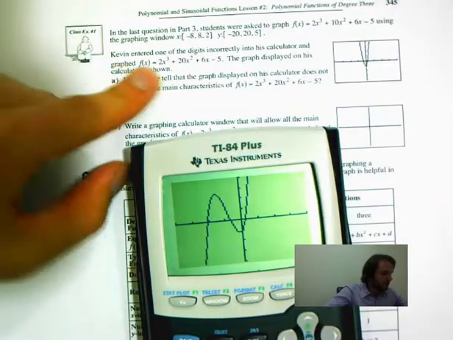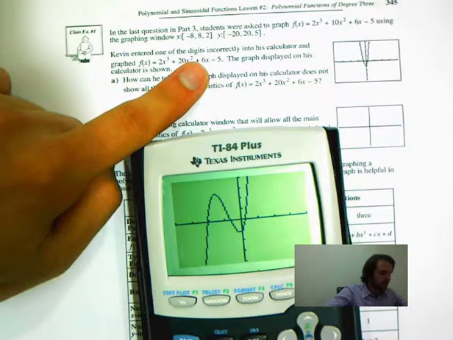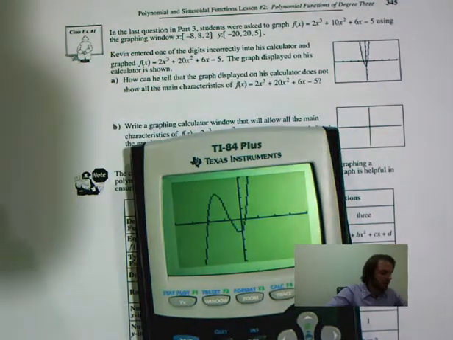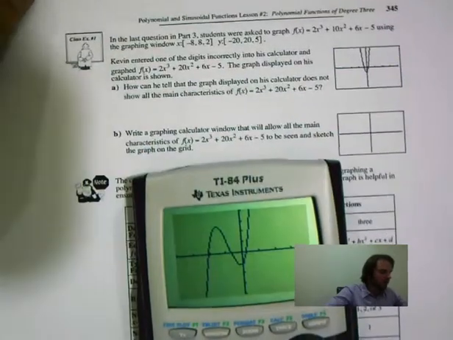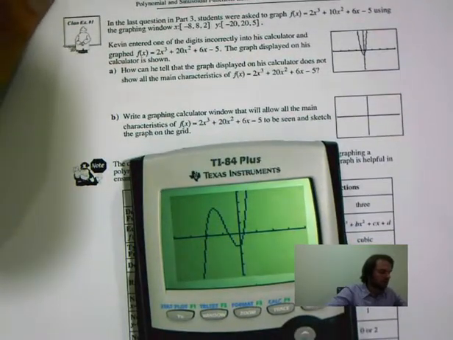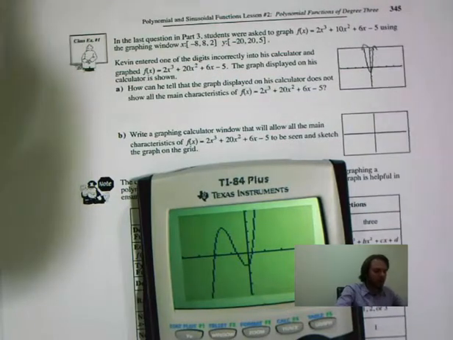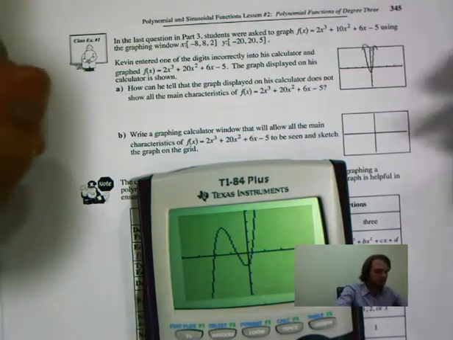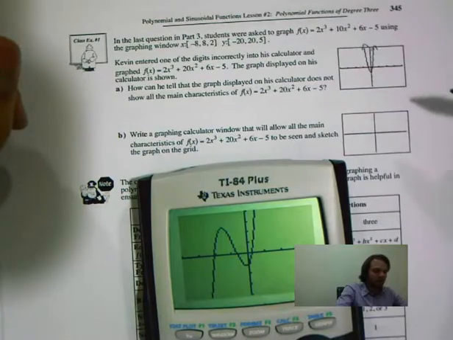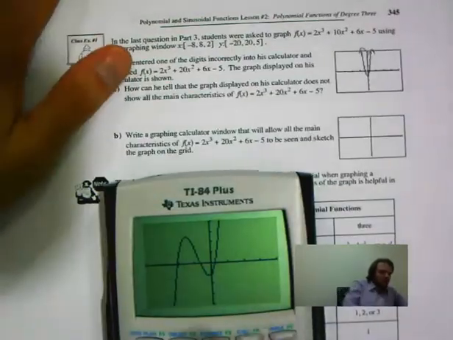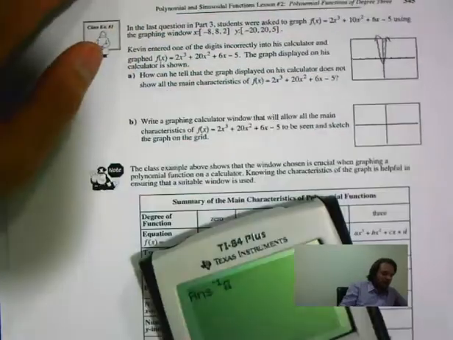Now it says, Kevin entered one of the digits incorrectly in his calculator and graphed this on the display. So how can you tell that the graph displayed on his calculator does not match the following characteristics? Well, first of all, if I look at this, it's forever up and forever up. That means this looks more like a quadratic. So it doesn't start and end where it should.